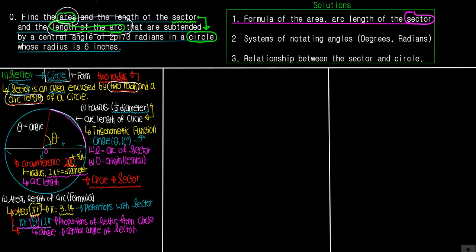Now let's think about the formula between the arc lengths, which means the outline of our circle, as well as the sector. They also have a specific proportion between them, since we know that the sector has a value that is part of our circle.